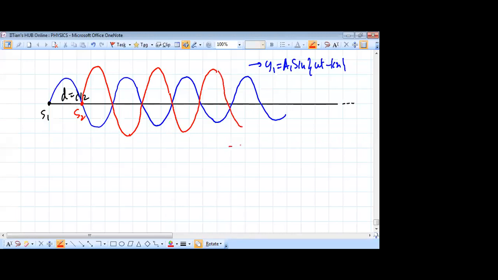So this wave would have been y2 equal to A2 sine omega t minus kx plus pi, or that is actually becoming minus A2 sine omega t minus kx. So you can see that here where this one's amplitude is plus A2, or displacement is plus A2, this one is minus A1. Where this one is minus A2, this one is plus A1.